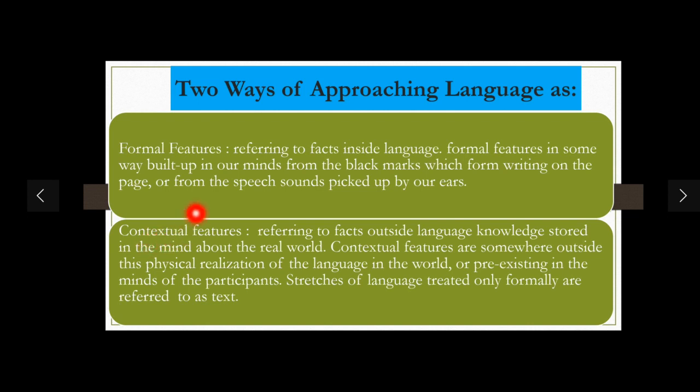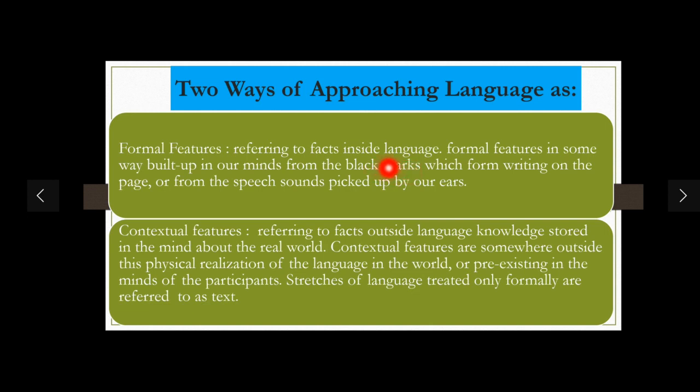Let's discuss these two features. Formal features refer to facts inside language. For example, we look for verb form, we look for parallelism, we look for referring expressions, we look for substitution. We will discuss all these formal links one by one in coming slides.